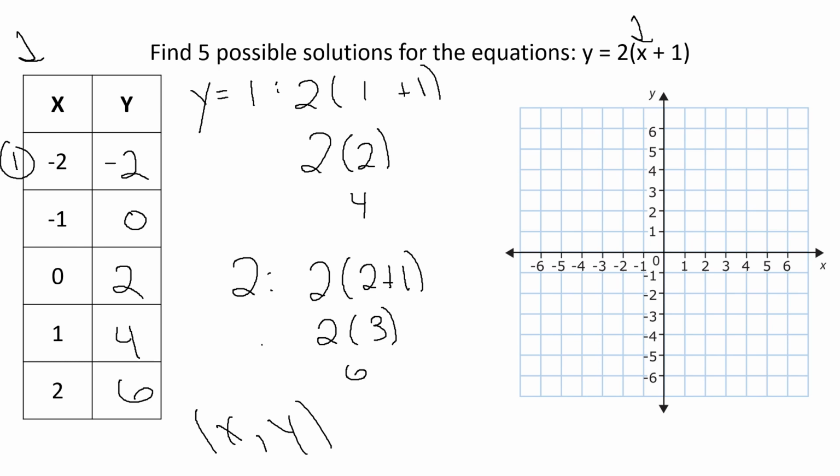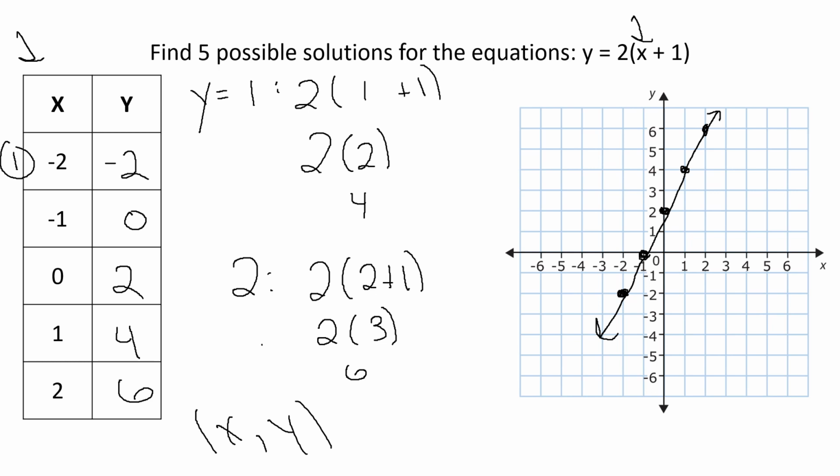So x negative 2, y negative 2. X negative 1, y is 0. Remember, that's on the coordinate plane. 0, 2, so x is 0, y is 2. It's on that 0 point. 1, 4 is here. 2, 6 is way up here. And then there's my line.